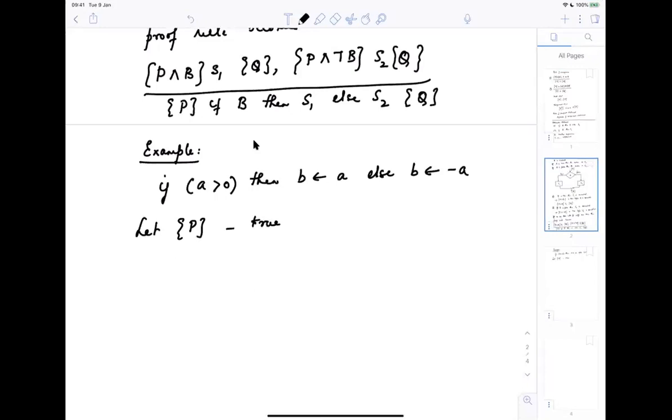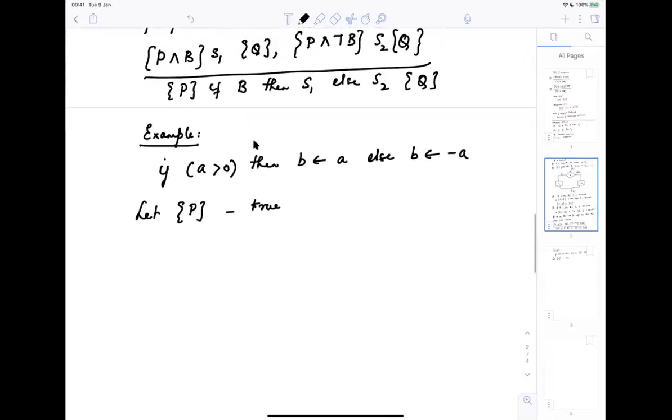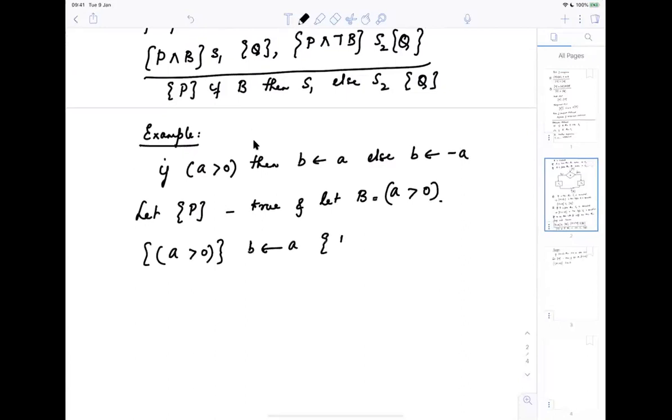Okay. And let B be equal to A greater than 0. A greater than 0 and B is assigned the value of A, then we can conclude that B is greater than 0.